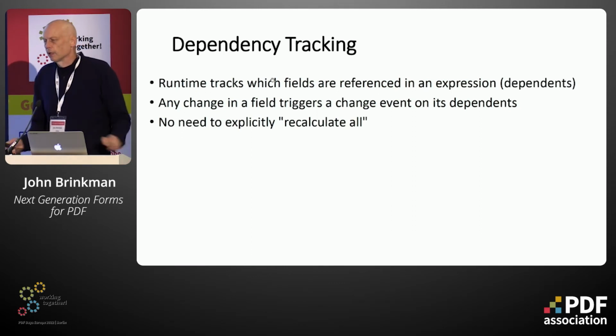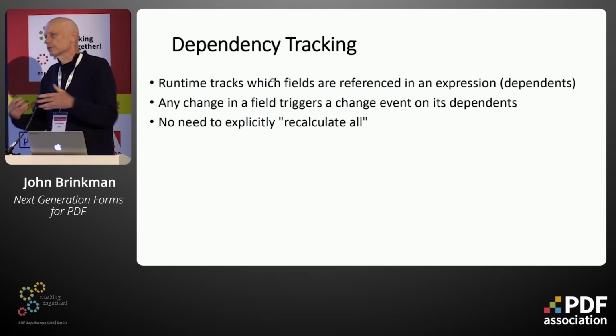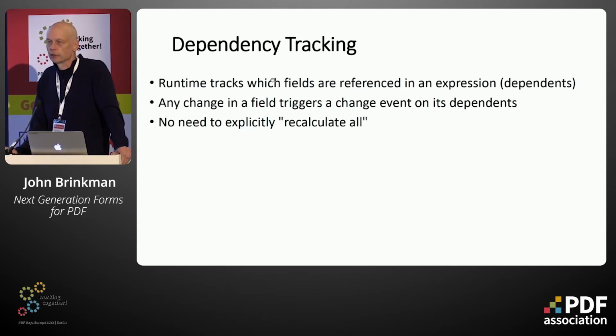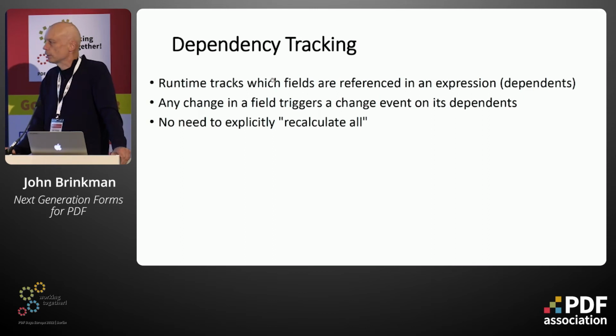We're asking implementers to consider something we're calling dependency tracking. So anytime you evaluate an expression, you should be able to track which fields that expression touches when it evaluated. If you track that, then you know which fields are dependent on which other fields.